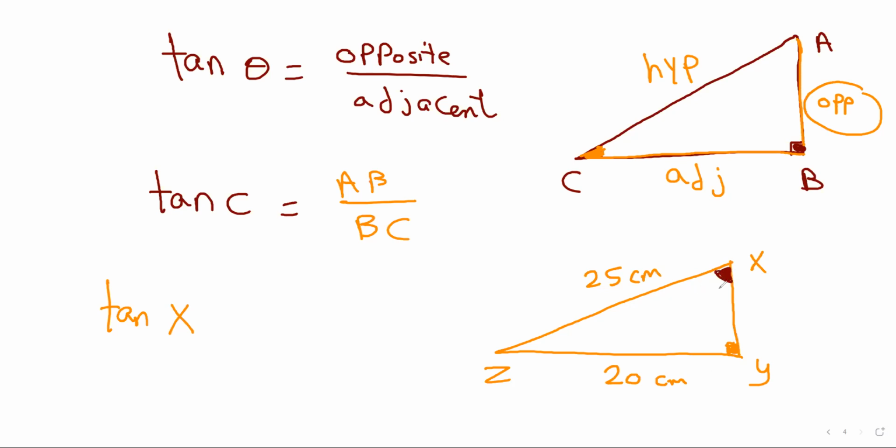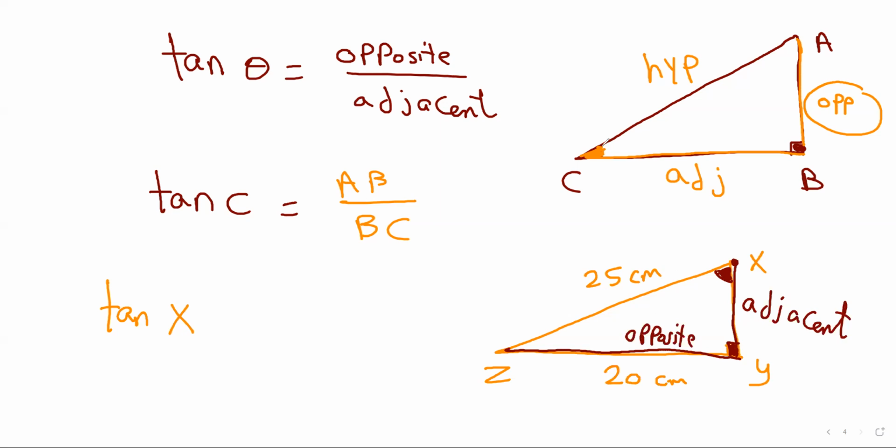I want to get the ratio between the opposite, this side, and the adjacent, this side. So tan X is 20 over the adjacent. The adjacent side is the neighbor side to the angle X. This side is the adjacent to X, and this side is the opposite.